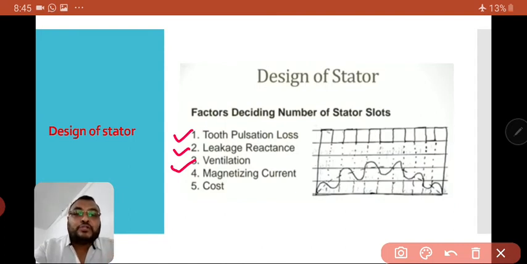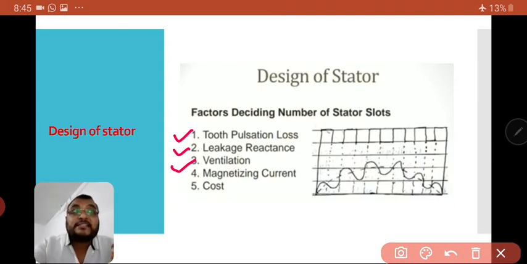In the ventilation parameter, the larger the number of slots for a given diameter, the smaller the slot pitch will be. If the slot pitch is small, the tooth width is also small, since the width of a stator slot is generally about 1/2 the slot pitch on the air gap circumference.